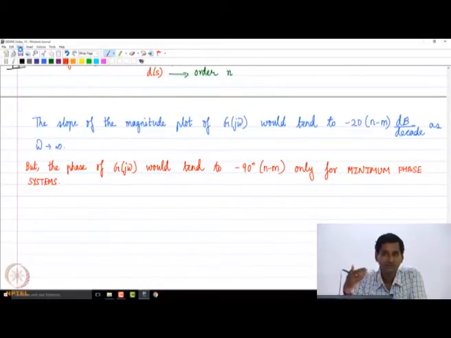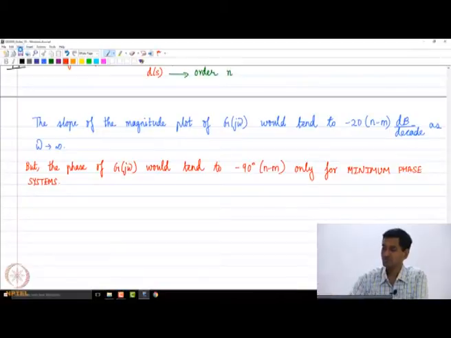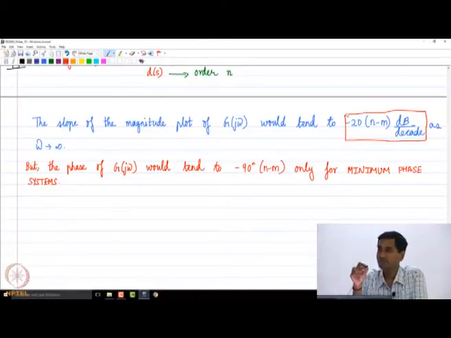So you will know the relative degree of the transfer function, because the slope is going to be minus 20 times (n minus m) decibels per decade. And then you look at the high frequency value for the phase, and you will be able to determine whether it's a minimum phase system or a non-minimum phase system. So that information is something you can obtain.